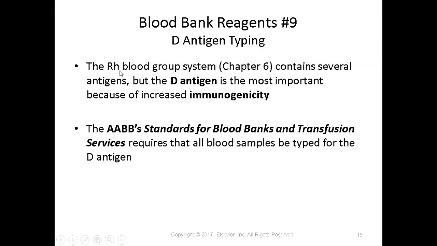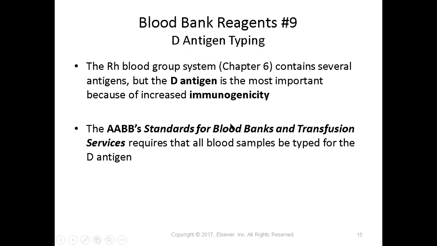There are other antigens that are part of the RH system besides the big D, but the D antigen is really the most important for blood bank and transfusion medicine because it is extremely immunogenic. What that means is the big D antigen, when introduced into someone who lacks that antigen, is very capable of stimulating that person to make an antibody against it.